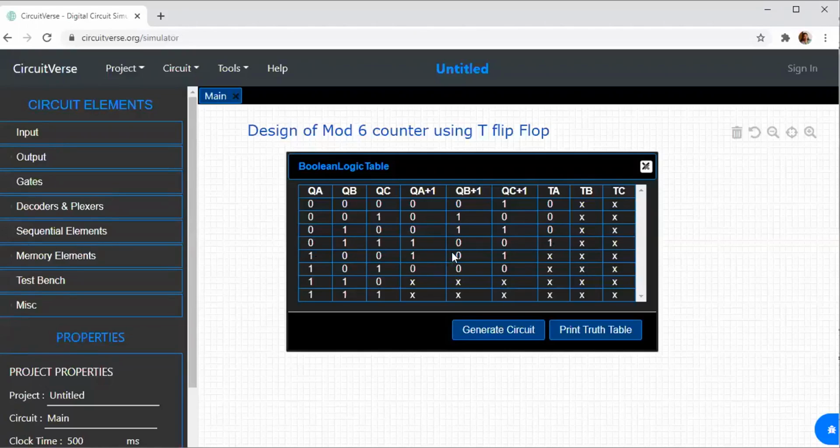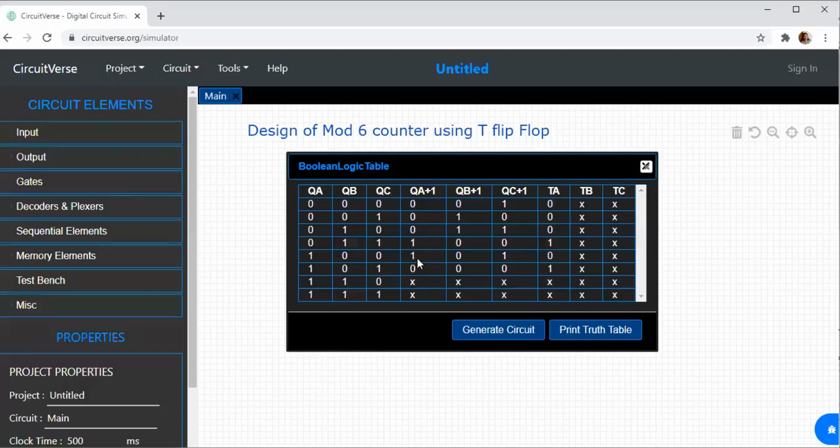Again, 1, 0 will be 1. Again, 1, 0 will be 1. This I have written according to the excitation table. QA represents Qn and QA plus 1 represents Qn plus 1 in the excitation table, and we populate TA, TB and TC. So this will be equal to 0, 0, 0, 1, and this is 0.